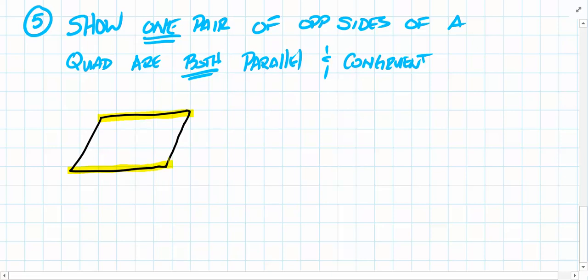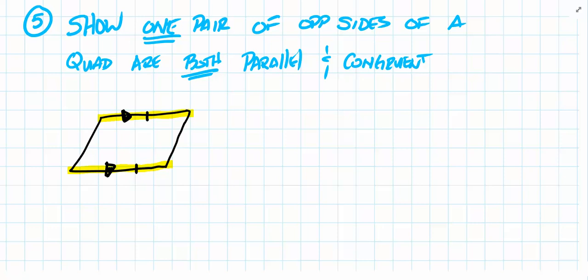If you can show that those are both parallel and congruent, then you can say the quadrilateral is a parallelogram. Well, you'd have to prove that they are congruent to each other by making an auxiliary line and drawing a triangle, or it has to be given or something, right? So this is sufficient to say that the quadrilateral is a parallelogram if you can show those two things.